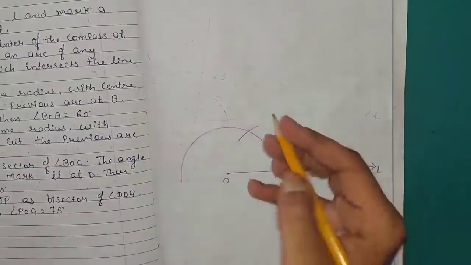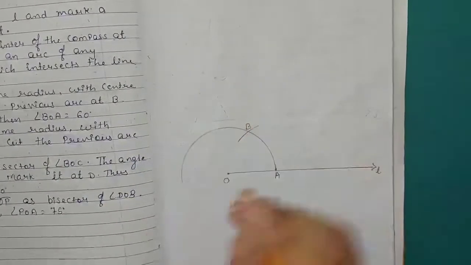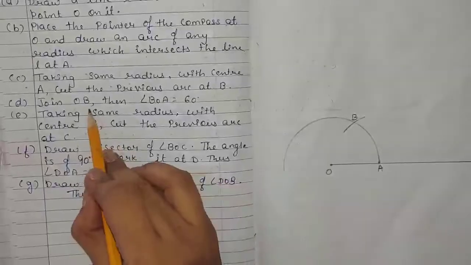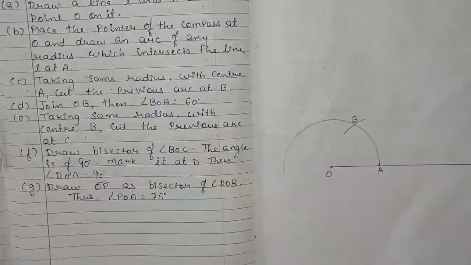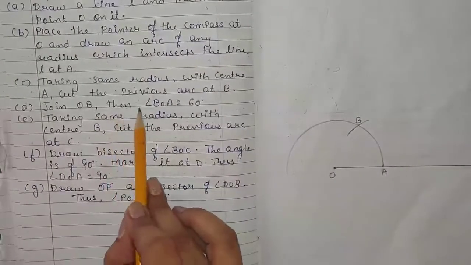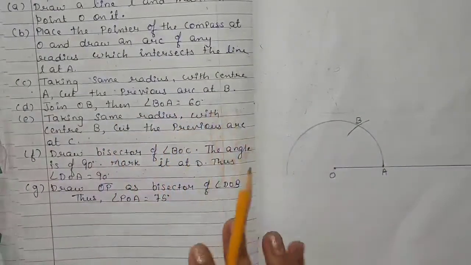The point where it is cut is labeled as B. Next step. Join OB, then angle BOA equals 60 degrees.